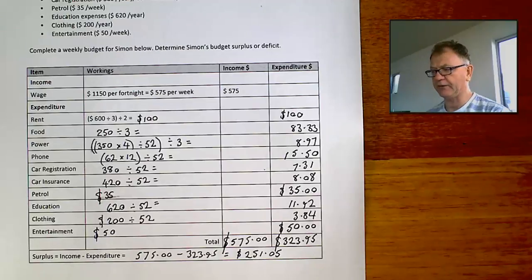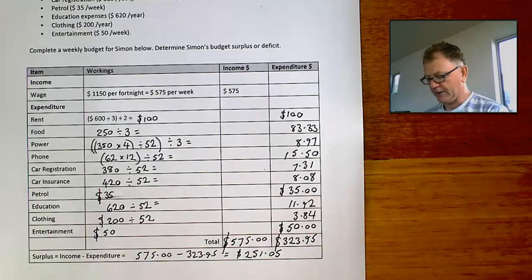The last thing that we have to do is go through the expenditure items on Simon's budget and classify them as either being fixed expenses or discretionary expenses. Now, fixed expense is one which he's committed to, which he can't do anything about, whereas a discretionary one is one where if he was to tighten his purse strings a little, he could possibly make savings on it.